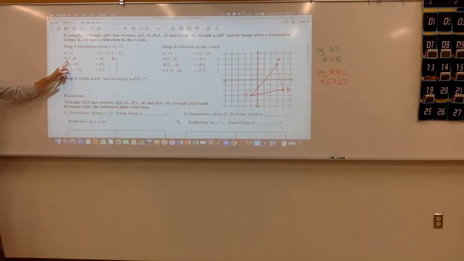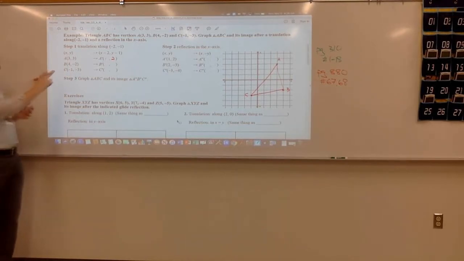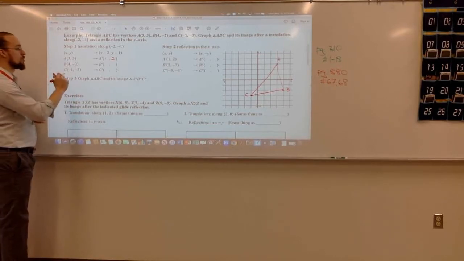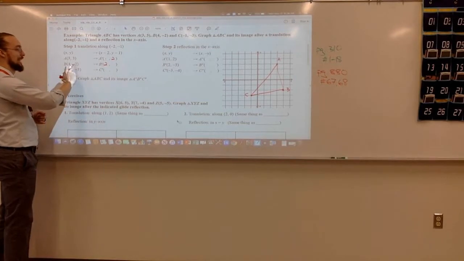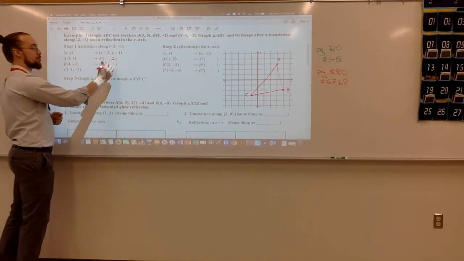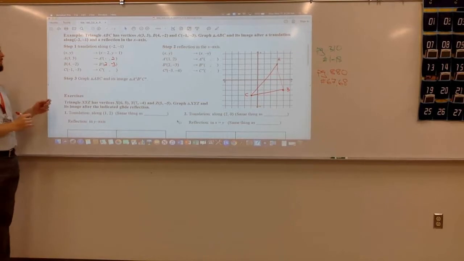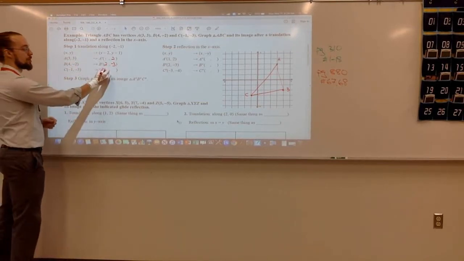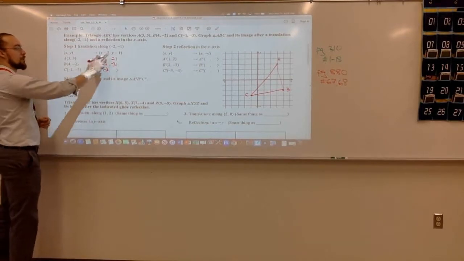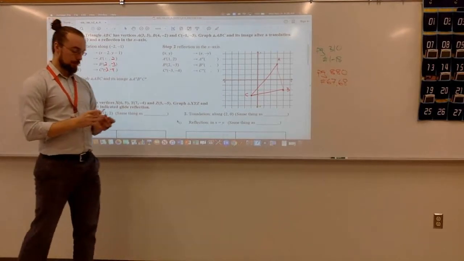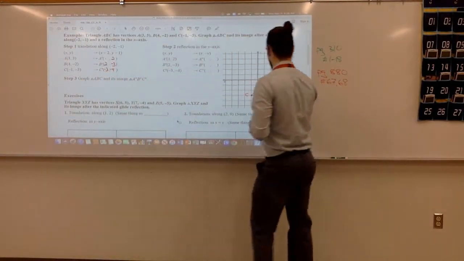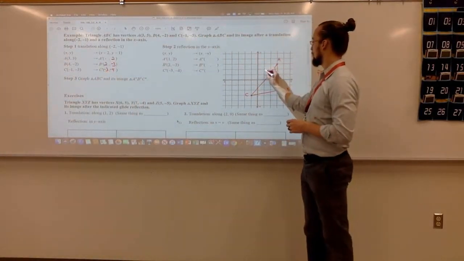The point 4, -2 will go to 2, -3. Then C will go to -3, -4. So on the graph, I'm going left 2, down 1 for each of these points.